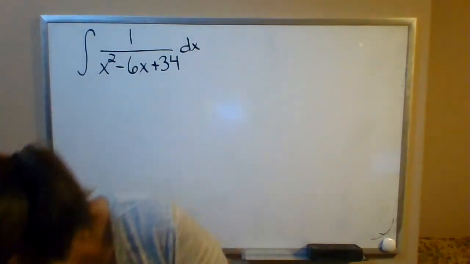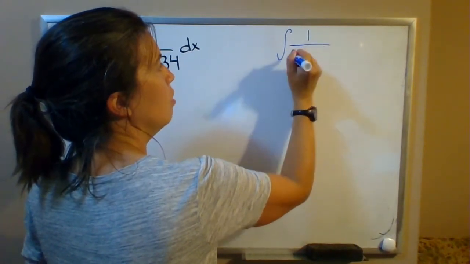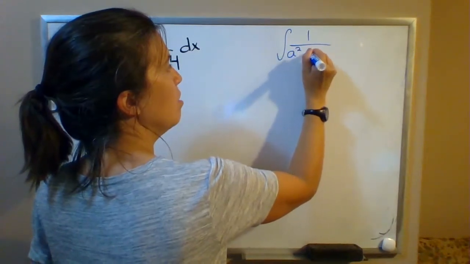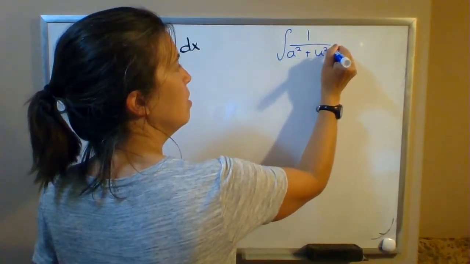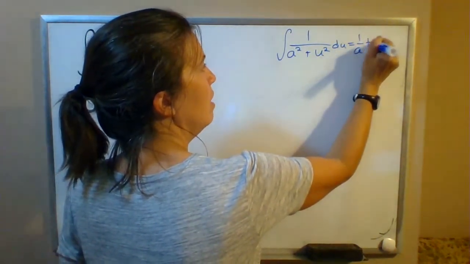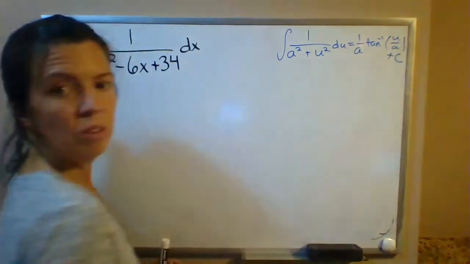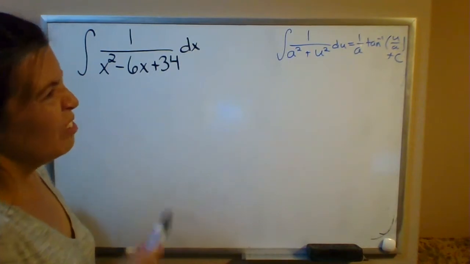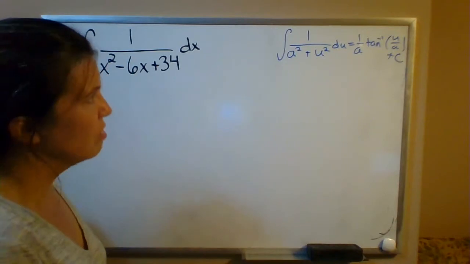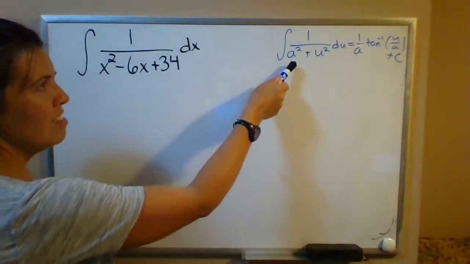The third one would seem the most likely, which is when you have 1 over an expression of the form a squared plus u squared times du, in which case the antiderivative is 1 over a inverse tangent of u over a plus c. That's the only idea you would have at that point, just by process of elimination. But this integral is not in that form.